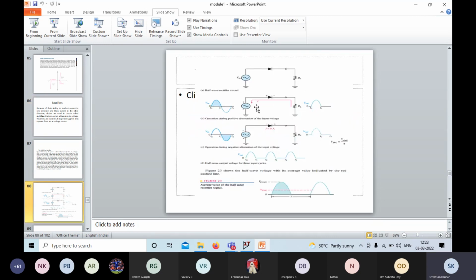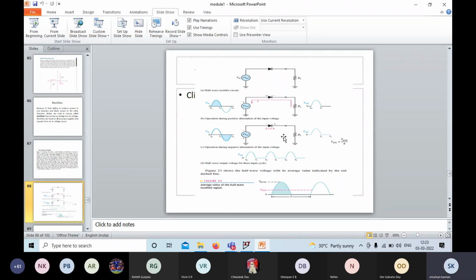We can use the diode because a diode conducts in only one direction, and you can see the working of the diode for the positive cycle and negative cycle. During the negative cycle there is no flow of current through the diode, as you have studied in the reverse bias characteristics of the diode.